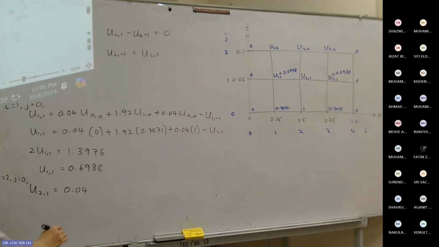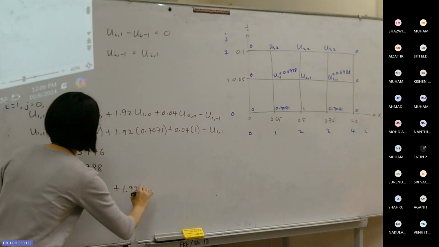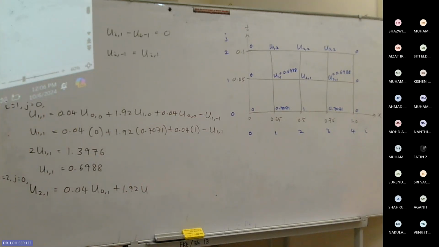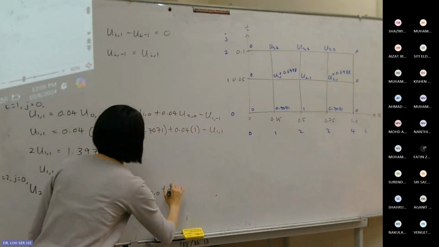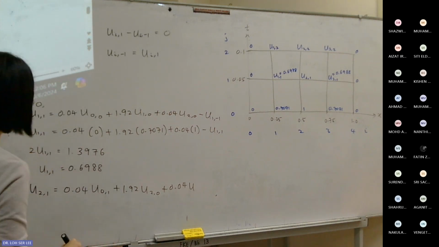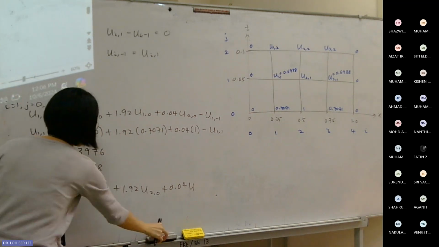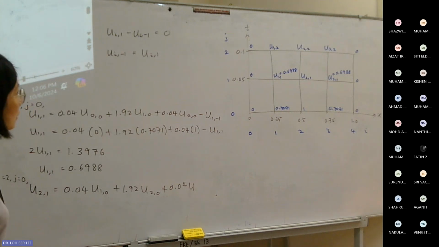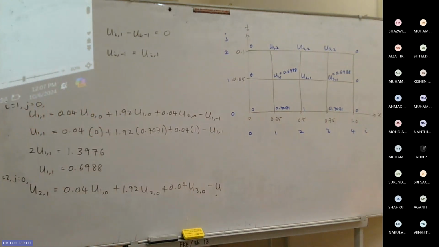So U01 plus 1.92, U20. U30. 10, 20, 30. Then minus, just now it's Uij minus 1.